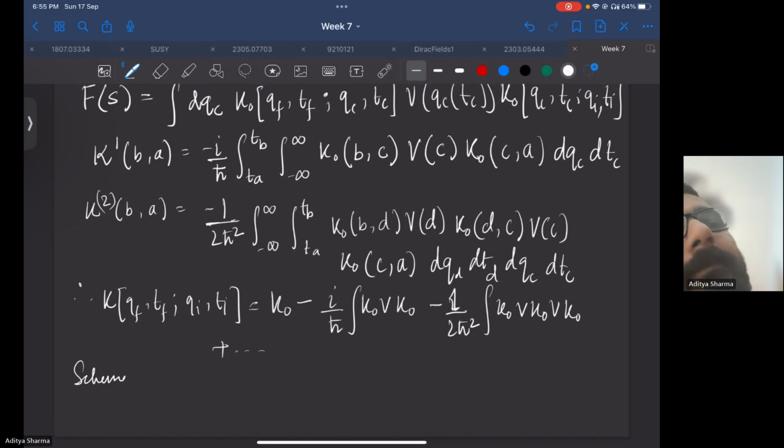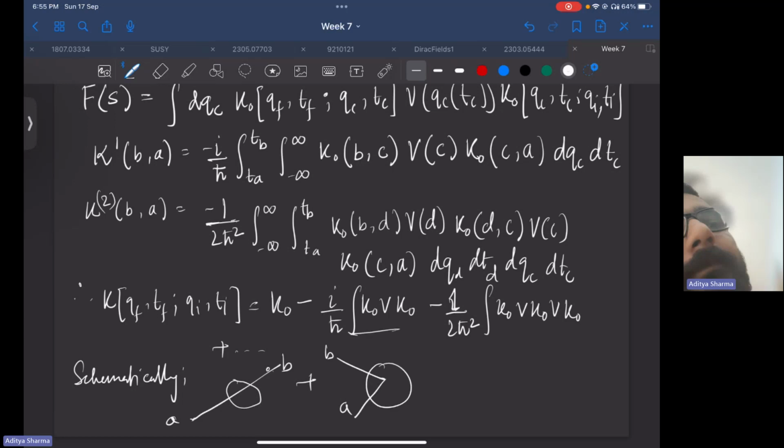Schematically, there is some potential here. A, B, particle is just going this way. This is k naught. Particle scatters and comes out.